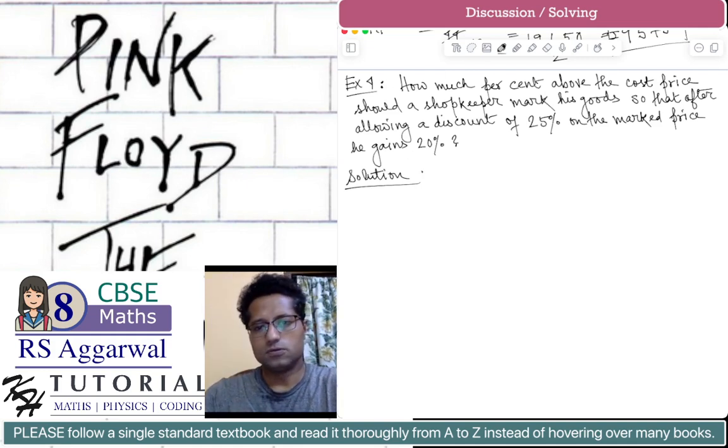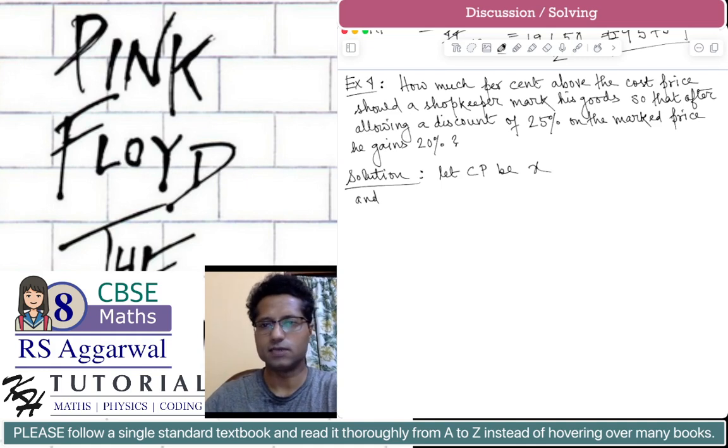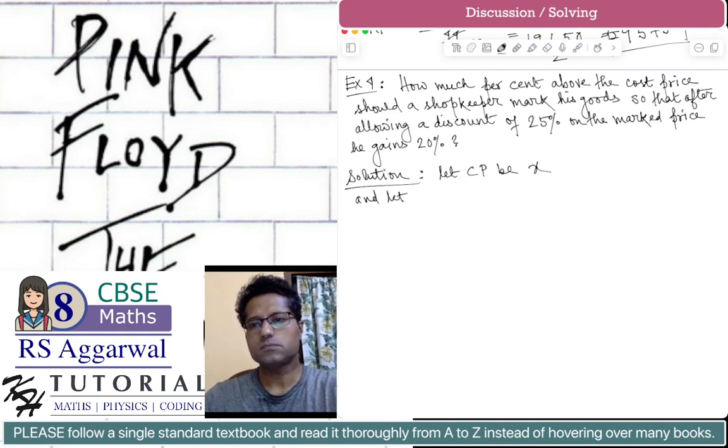Okay, so let CP be X. You can directly assume the percentage as an unknown variable, and let the mark price be Y% more than CP.